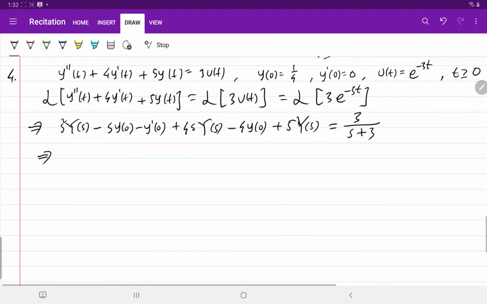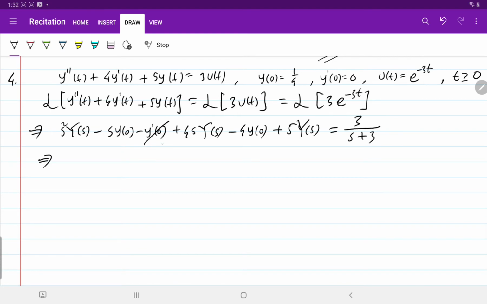Okay, we know that y prime (0) is 0, so this is 0. And y(0) is 1 over 4, so you have s squared plus 4s plus 5 y of s, and then minus s over 4, and you have 4y(0), so this is minus 1, equals 3 over s plus 3.